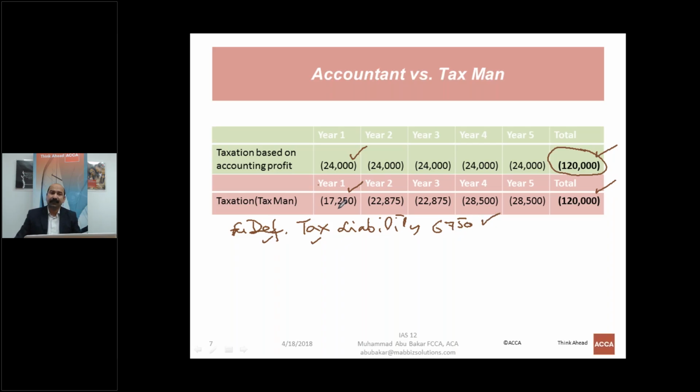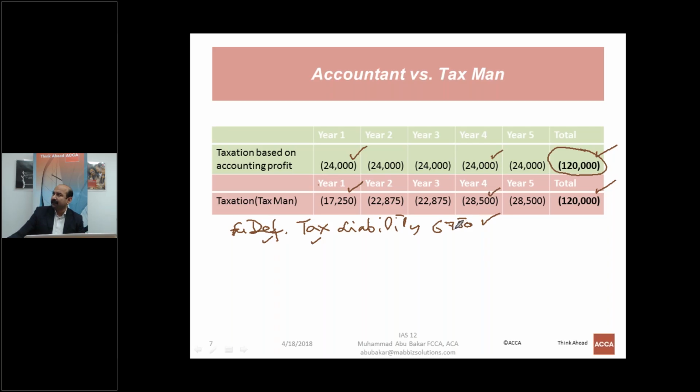Because we have seen the whole picture in the last slide, that this is only a matter of timing, that we are not paying 6750. Ultimately, we will be paying it. Like we can see that here, as per accountant, this is our tax expense, but tax people are asking for 28,500.